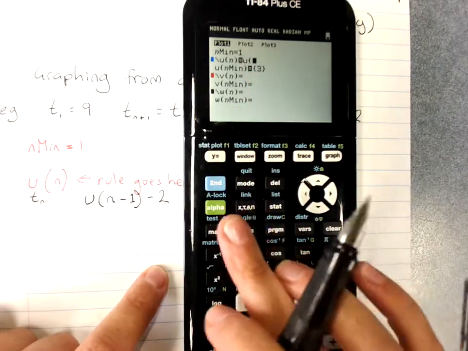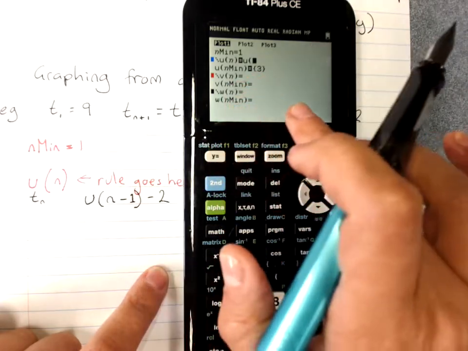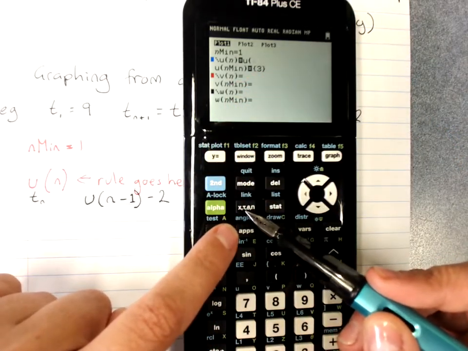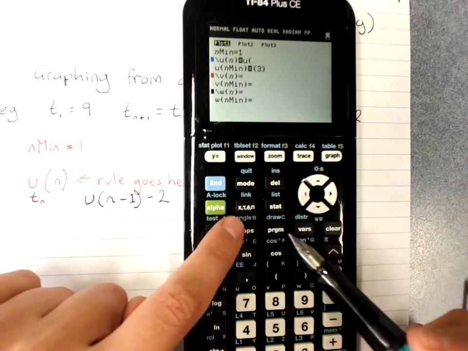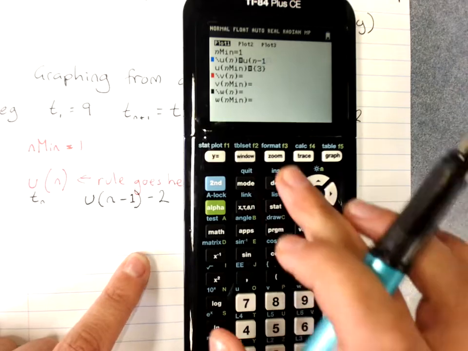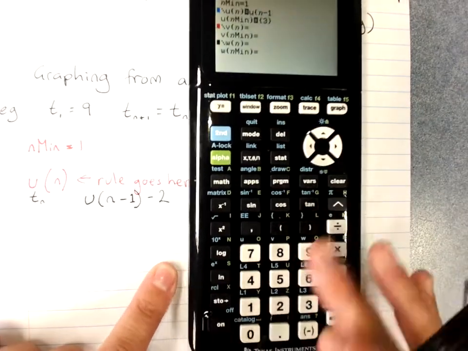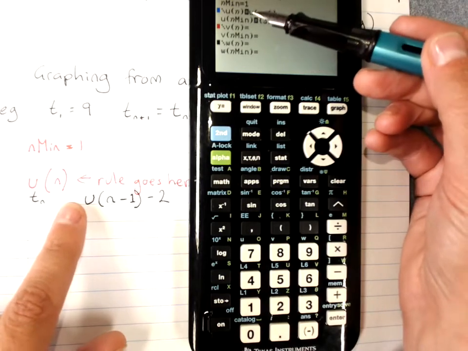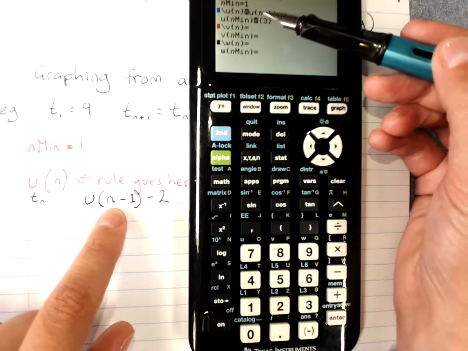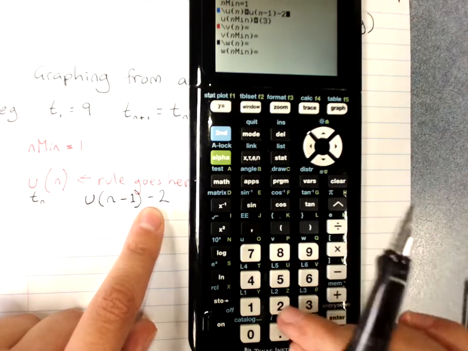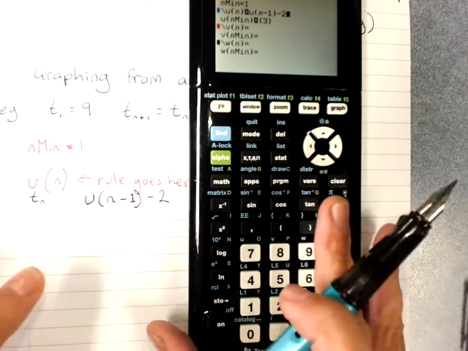In brackets, I'm going to want n minus 1, and I get n from this button here, where it's got the options of x, t, theta, and n, and when I push this just once, it'll give me n. Just type that with minus 1. Close the brackets. So I've got in Tn minus 1, which is of course un minus 1. Now I just need to take away 2. And I've got the rule in.